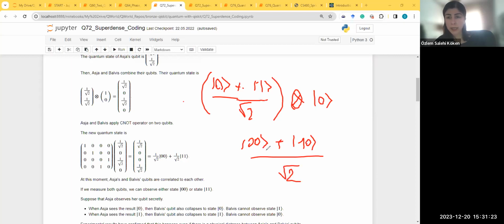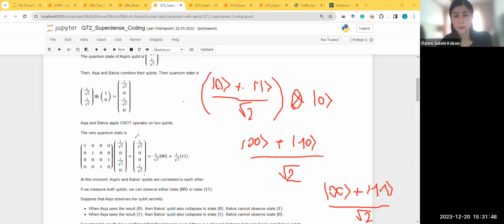And now we're applying a CNOT. So this will not be affected, but this will be affected. So this becomes 0, 0 plus 1, 1. And this is the same thing here. Any questions until now? So please ask if you didn't get any step here.